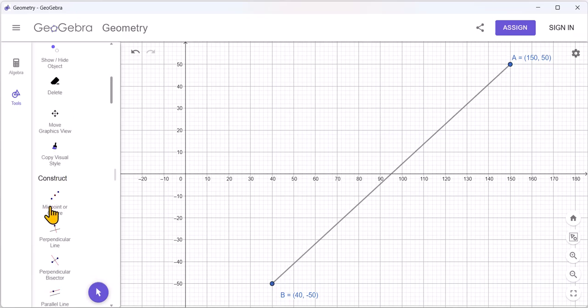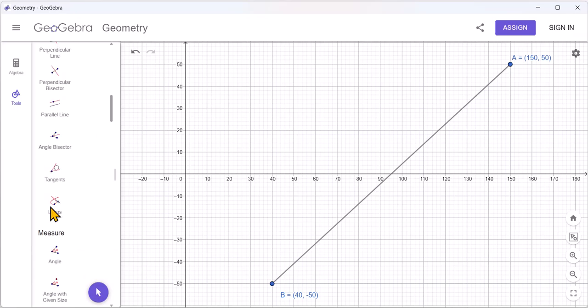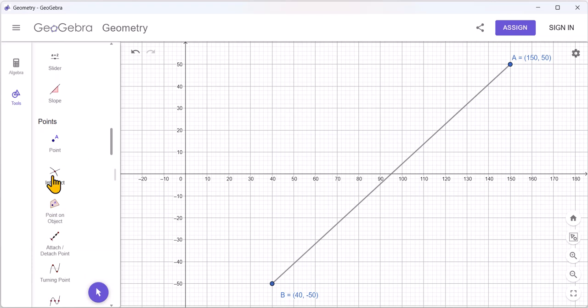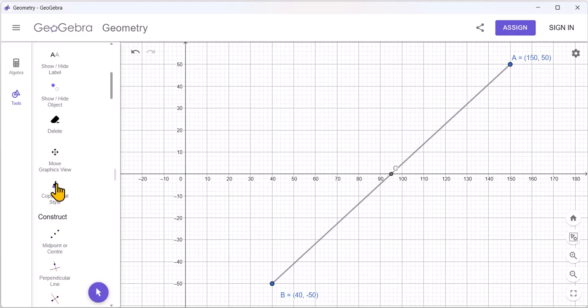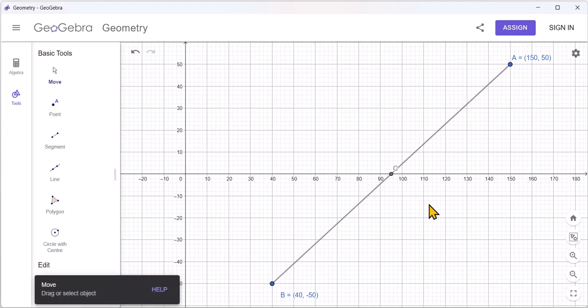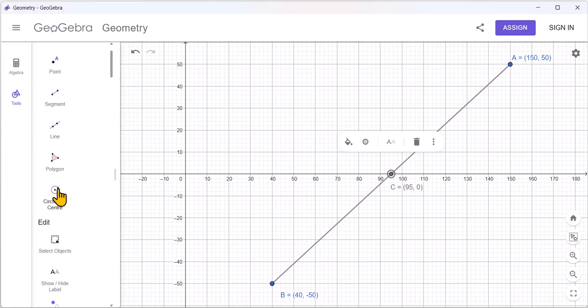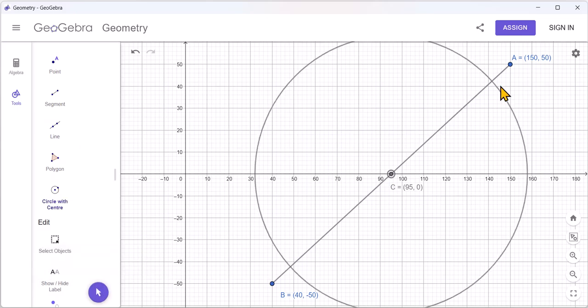And then I have to find the intersect between this diameter of the Mohr circle and the sigma axis, because the center will sit on the sigma axis with the coordinate of 95, and then I draw my Mohr circle.